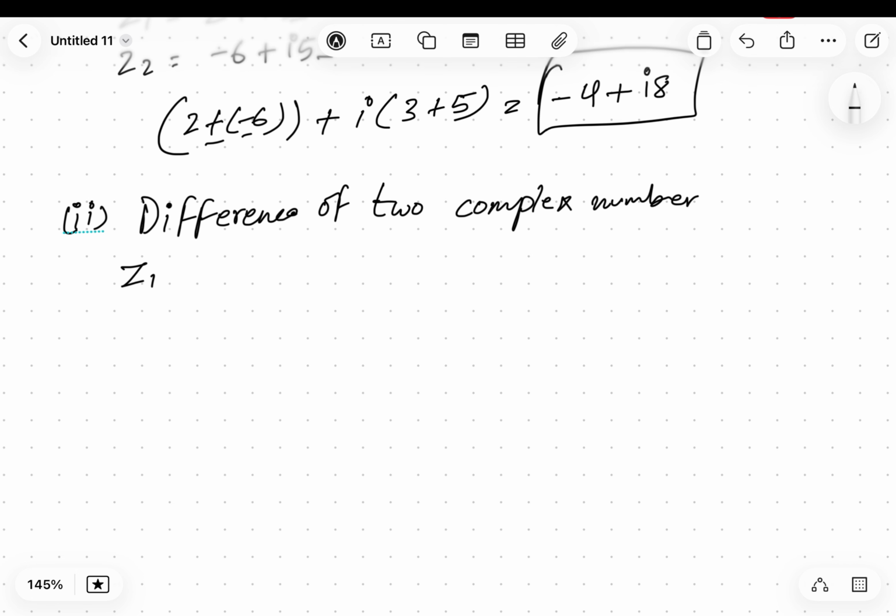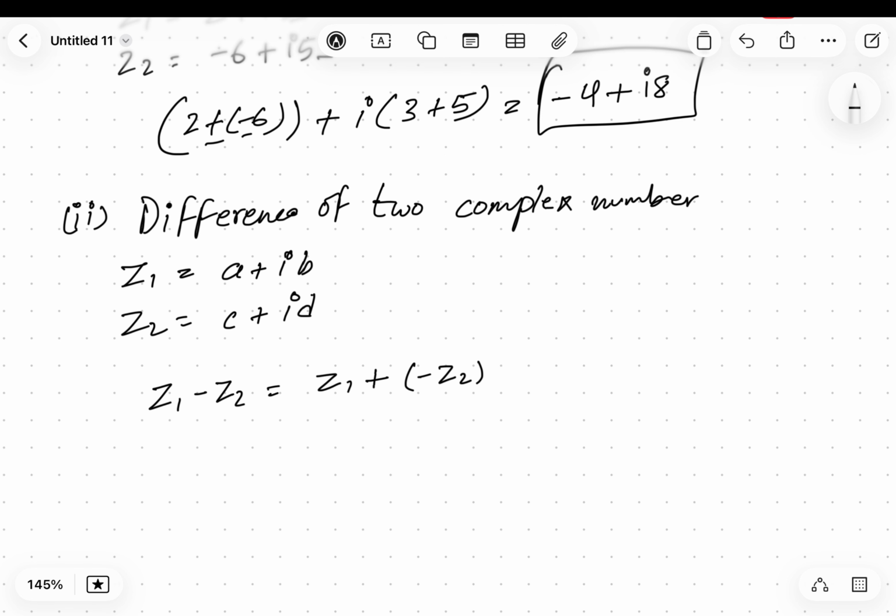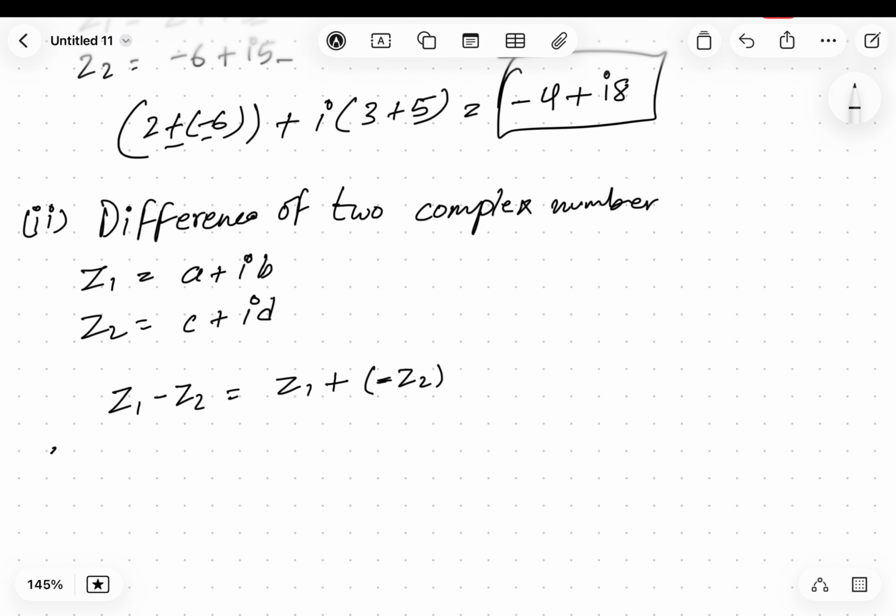Suppose I have z1 equal to a plus ib again, and z2 equal to c plus id. So z1 minus z2 will be z1 plus minus z2. This is very simple. We have to do the addition only, but in z2 we have to put the minus. Okay, so let's take one example here.